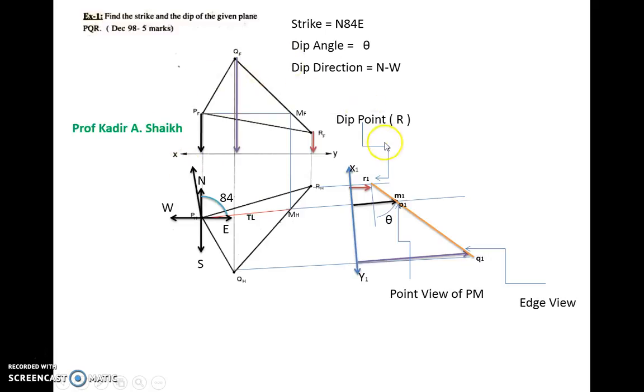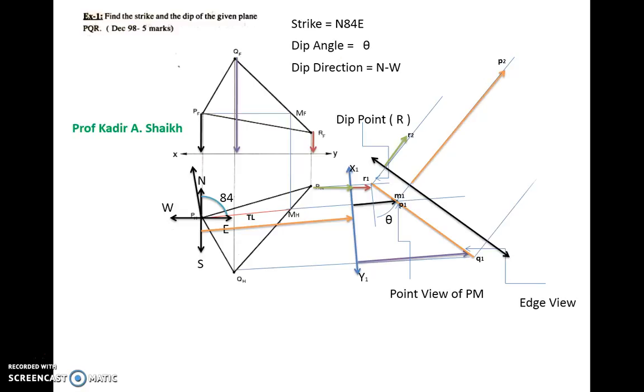To find out the true shape, let us draw one line parallel to edge view. Now take the projector of R1, measure the distance of R1 from X1 Y1 and cut it here. We will get R2. Similarly, for P1, take the projector of P1 perpendicular to this line and measure the distance of PH from X1 Y1 and cut it here from X2 Y2.